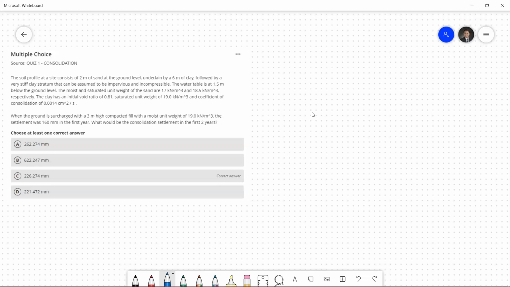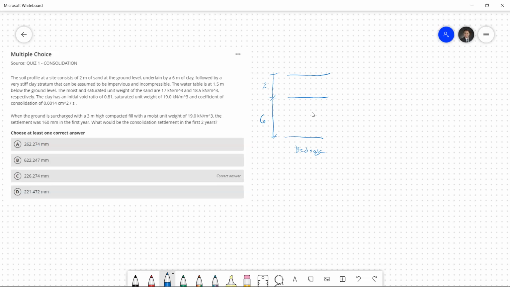Okay, before we start, let's draw the problem first. It says the soil profile consists of 2 meters of sand. So this is 2 meters. And this is underlain by 6 meters of clay. Then this, let's say, is bedrock.